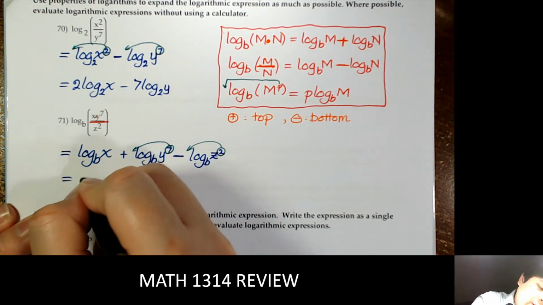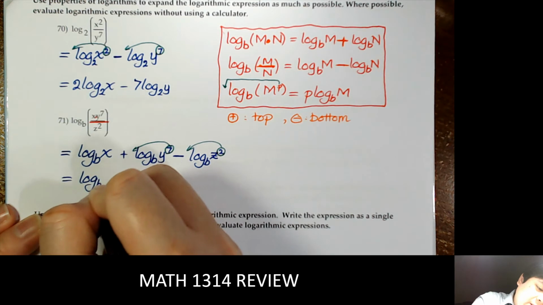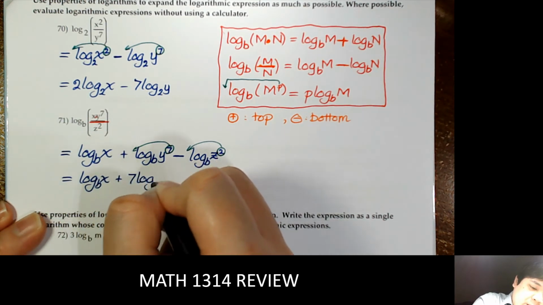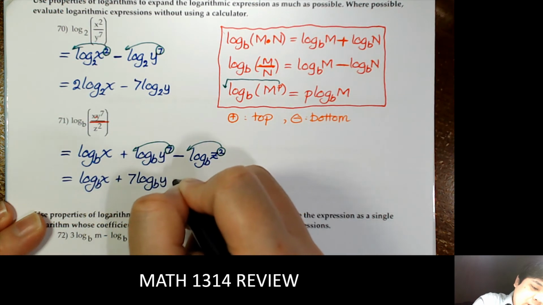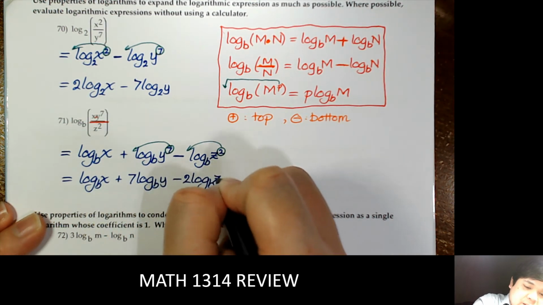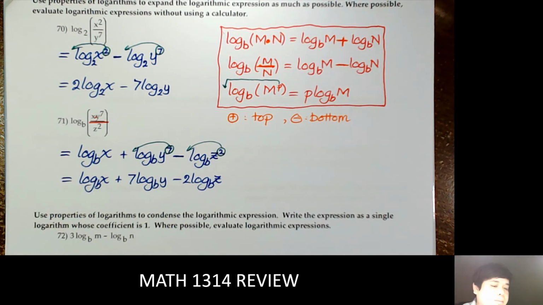So we have log base b of x, plus 7 log base b of y, minus 2 log base b of z. Right, so that's all. This is called expanding logarithms, meaning we have one big log, and we expand it into a bunch of little logs.